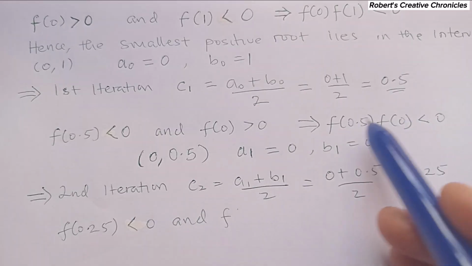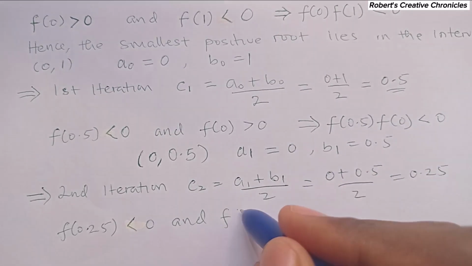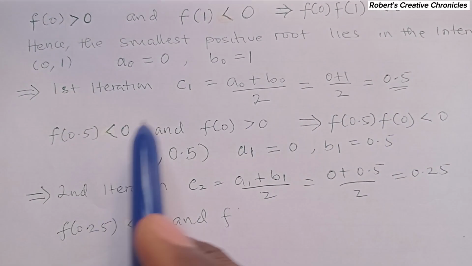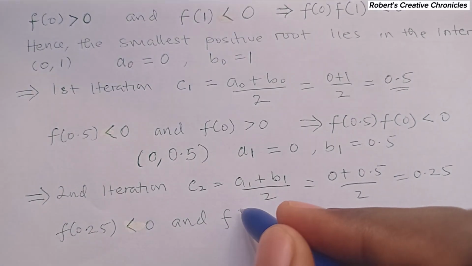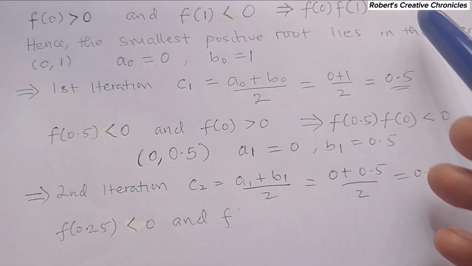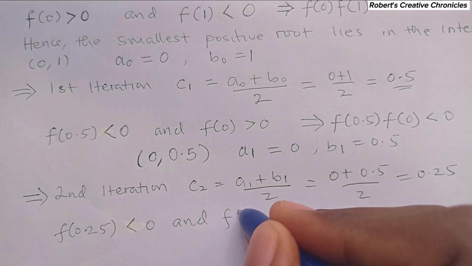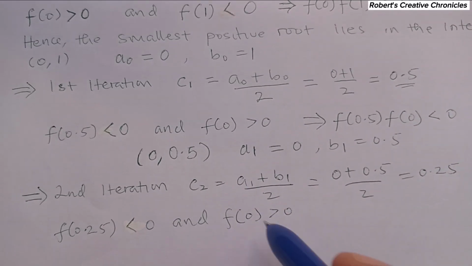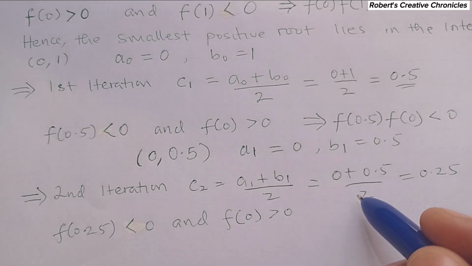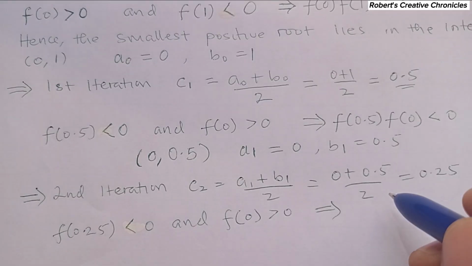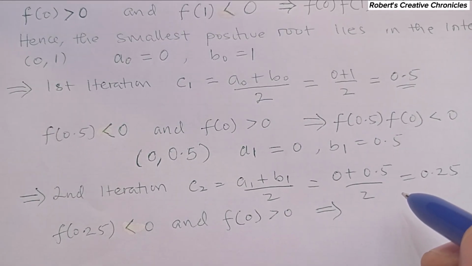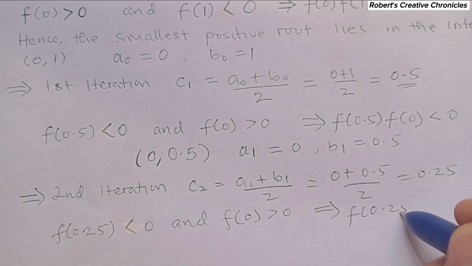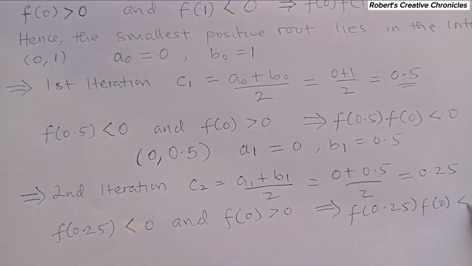When the two functions are multiplied, it will be less than 0. The product of these two must always be less than 0 from the beginning of the solution to the end. Positive times negative is negative. So it will be f(0.25) times f(0.5) less than 0.